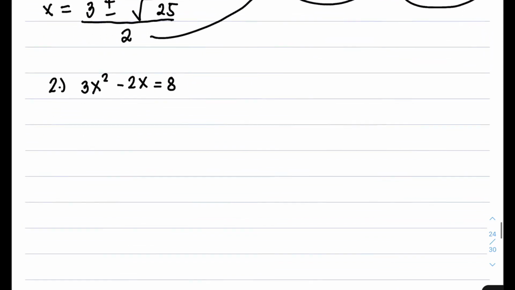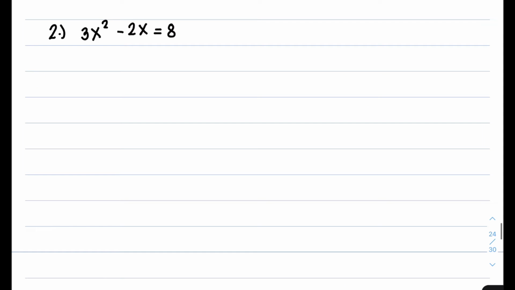Okay, let's have example number 2. 3x squared minus 2x is equal to 8. Again, make sure that our equation is in standard form. In this example, the 8 is still on the other side. So, what we will do is transfer the 8 to the left side.